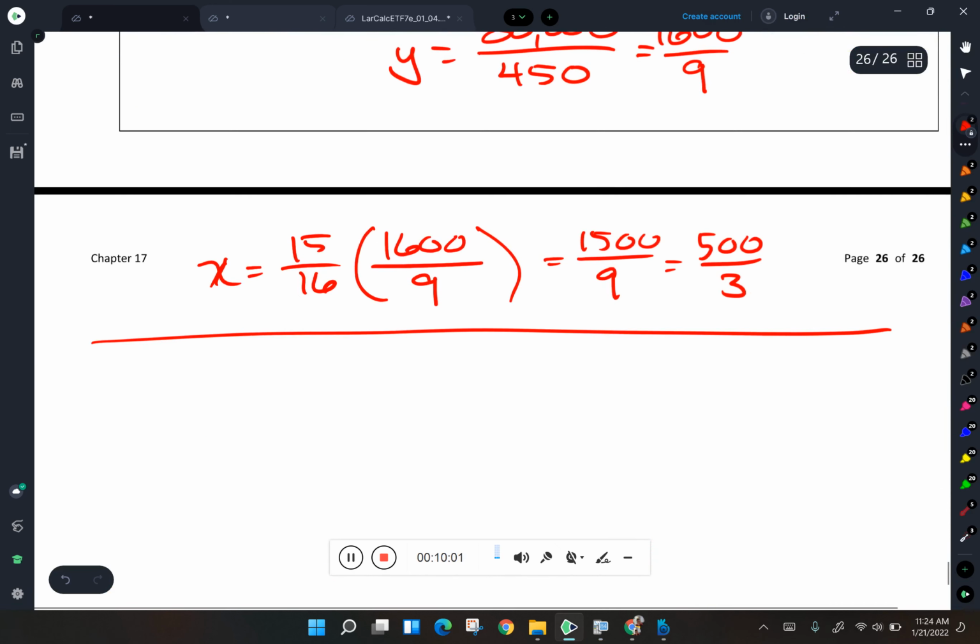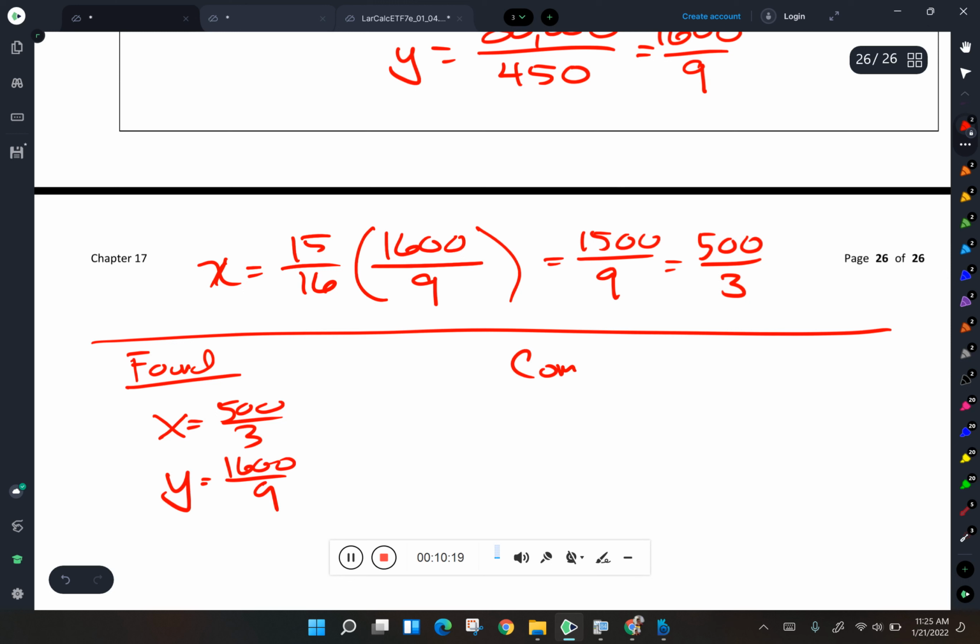So my solved-for point was x equals 500 over 3, y equals 1600 over 9. The point that I'm going to compare it to was x equals 500, y equals 0.